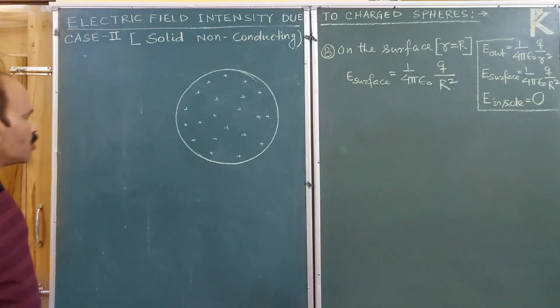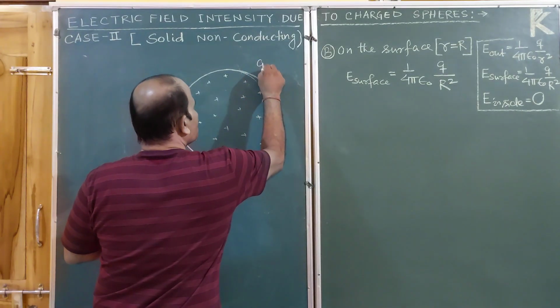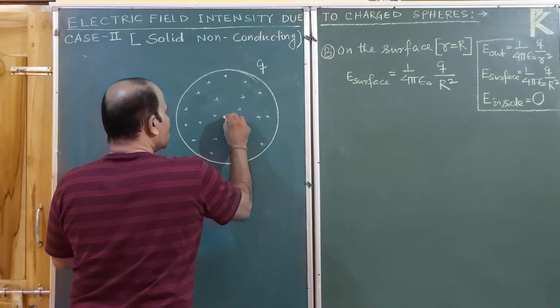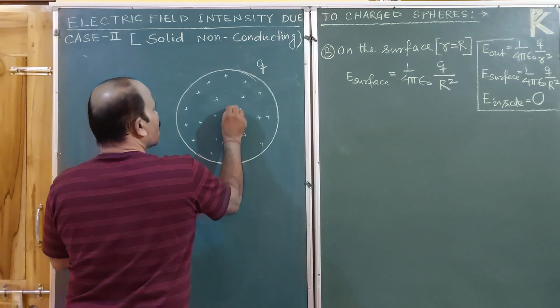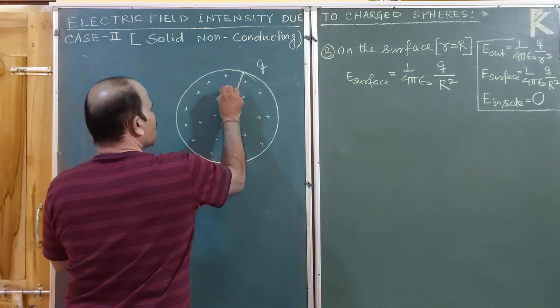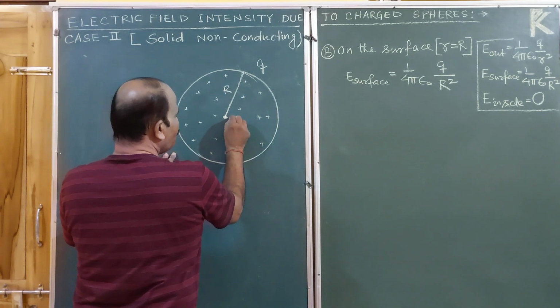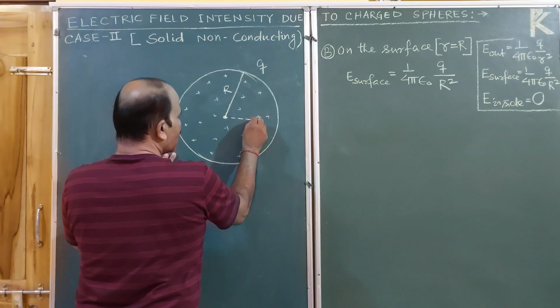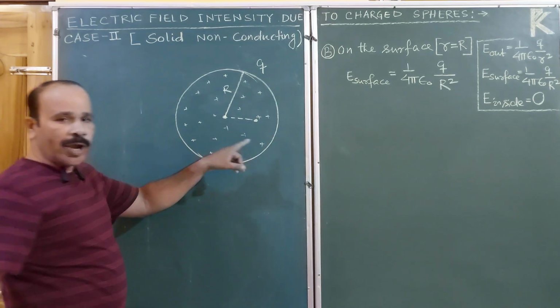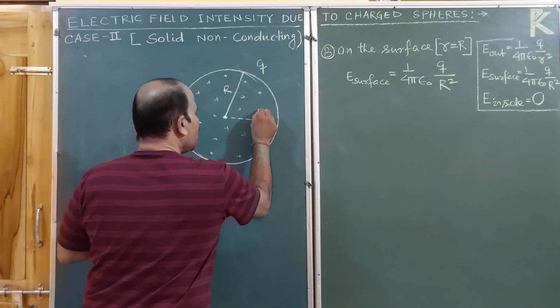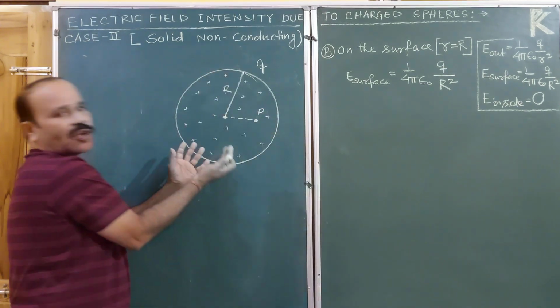Let the total charge be Q. This is the center. Okay. This is the radius, capital R. And we are going to find out electric field intensity at a point P, which is inside the surface.